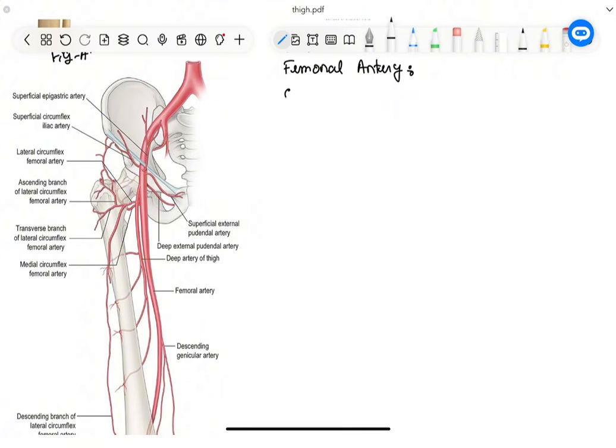It is the continuation of the external iliac artery. On screen you can see this is the inguinal ligament, and this is the external iliac artery. When this external iliac artery crosses the inguinal ligament, it continues as the femoral artery.